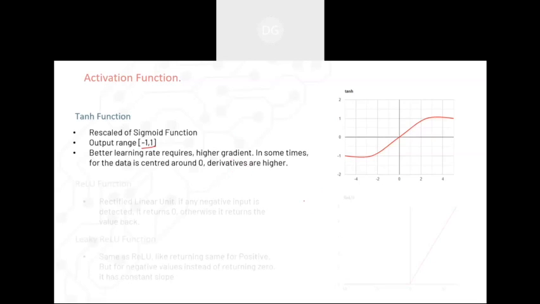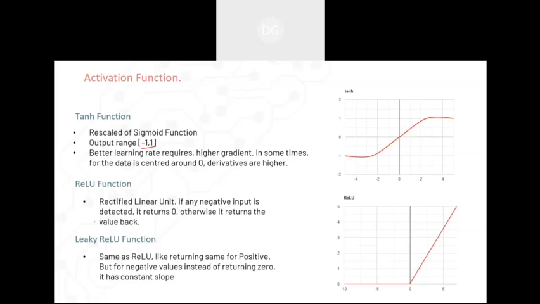And the last one is the ReLU function, rectified linear unit. Here, if it is a positive value, it will take it as it is. Even if it is a larger value, it will take it as it is. Whereas when it comes to a negative value, it will return 0 as our value.